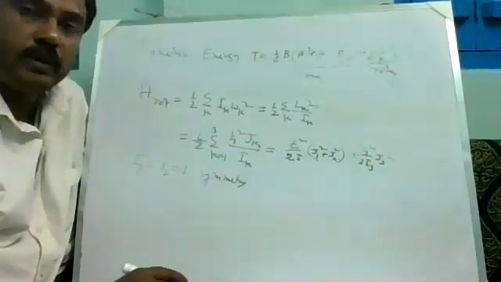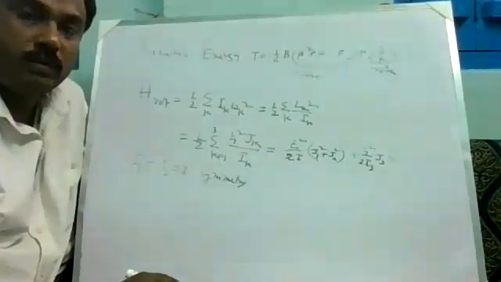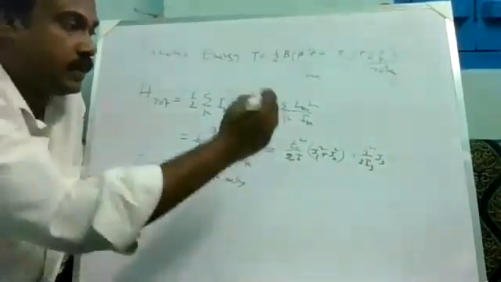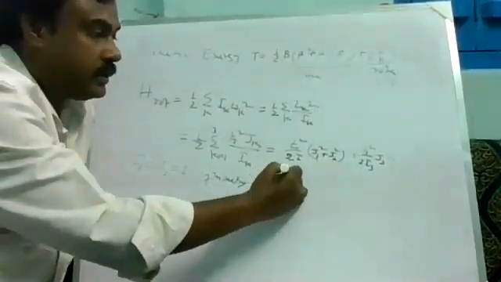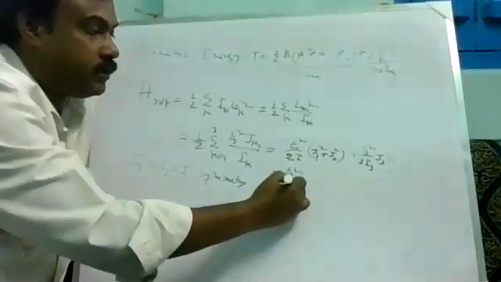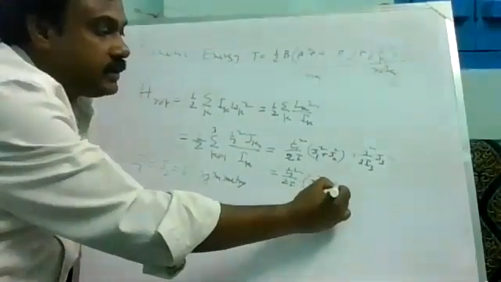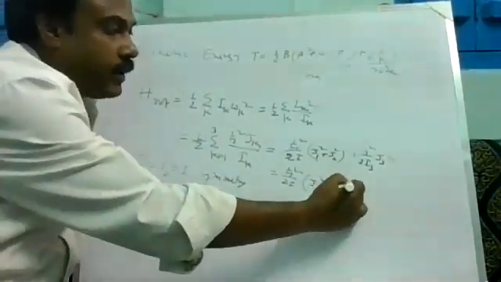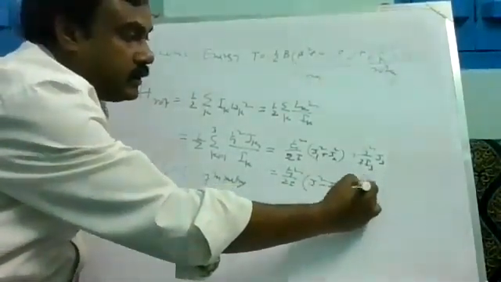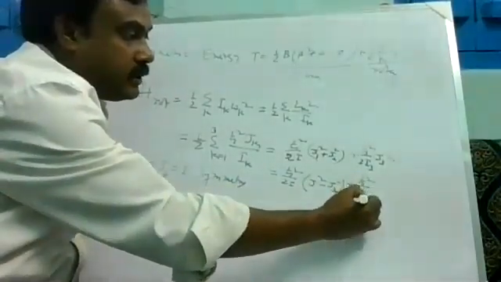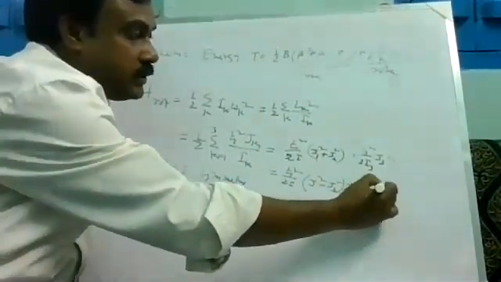Now, if total angular momentum J equals J1 plus J2 plus J3, then this can be written as h-bar square by 2I times J square minus J3 square, plus h-bar square by 2I_3 J3 square.